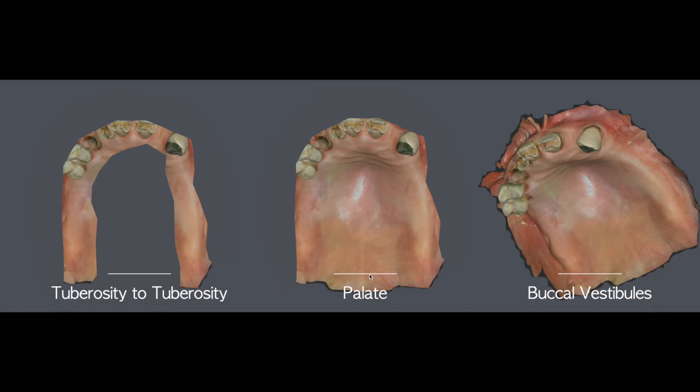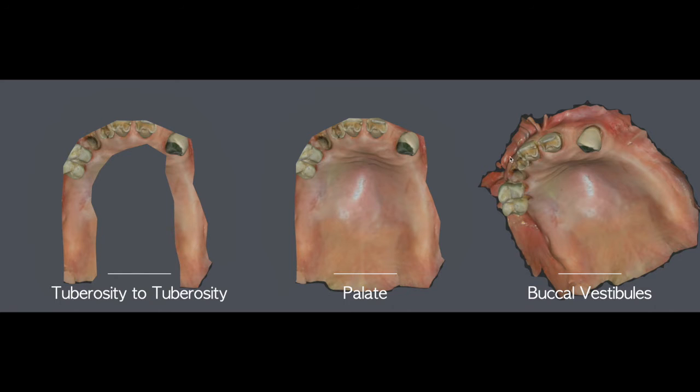Once you complete the palatal scanning, the last one is the buccal vestibule scanning. From one side, you need to pull the cheek out and then scan the buccal vestibule area and move around the anterior.